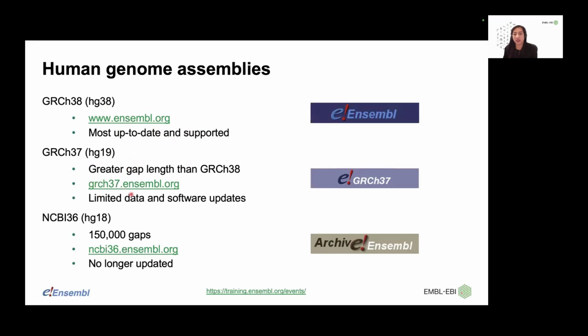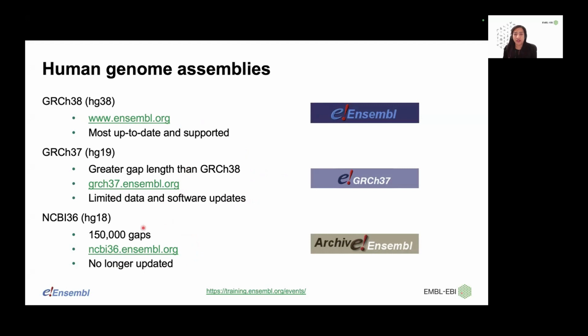This is available on a separate portal. So if you're still working with this assembly, you can just go to grch37.ensembl.org. Just keep in mind that this assembly will have greater gap lengths compared to the more recent GRCh38, and there's only limited data and software updates for this.